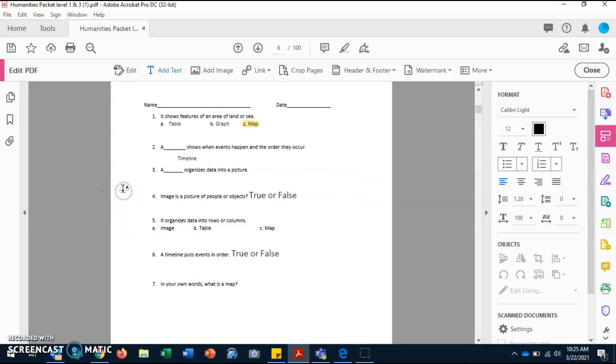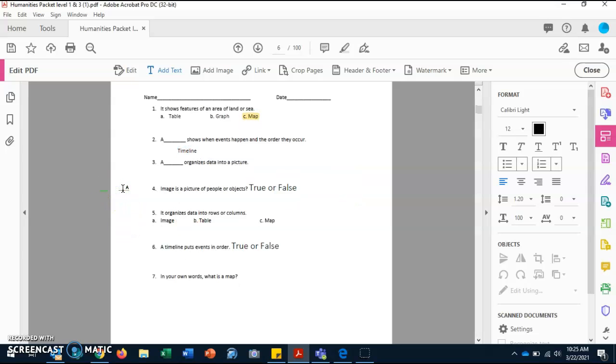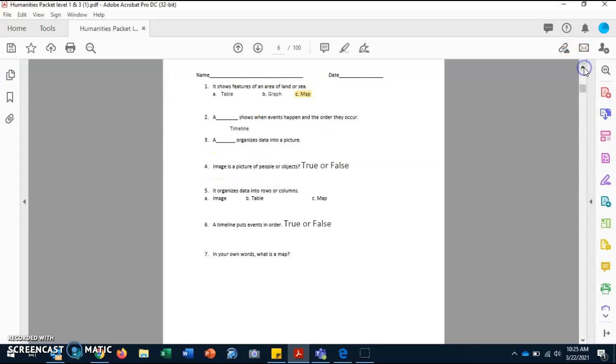Now I'm going to read the rest of the questions. However, you will answer them on your own. So question number 3 says, a blank organizes data into a picture. Question number 4. Image is a picture of people or objects. True or false? 5.